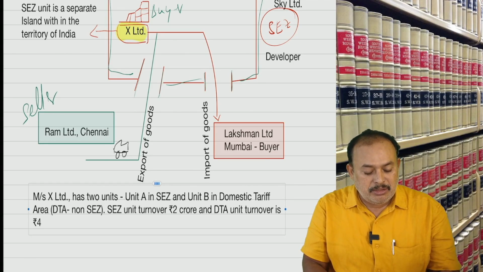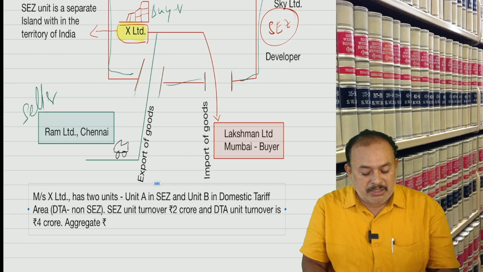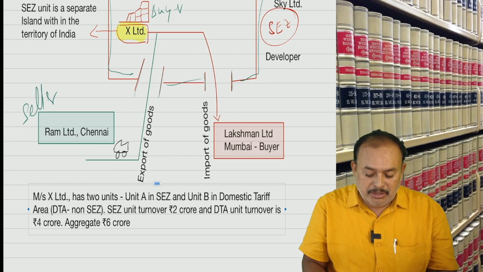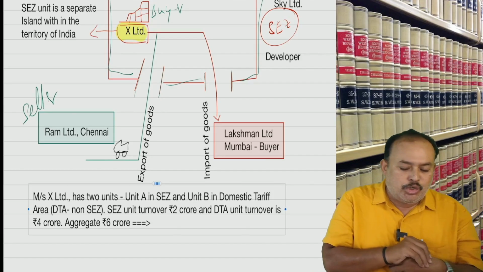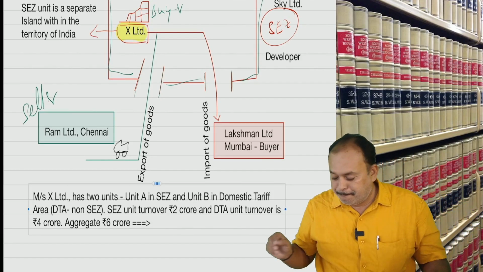How much? 4 crore. Aggregate, how much? 6 crore. Now, in that case, tell me, is E-Invoice mandatory or not mandatory to X Limited?